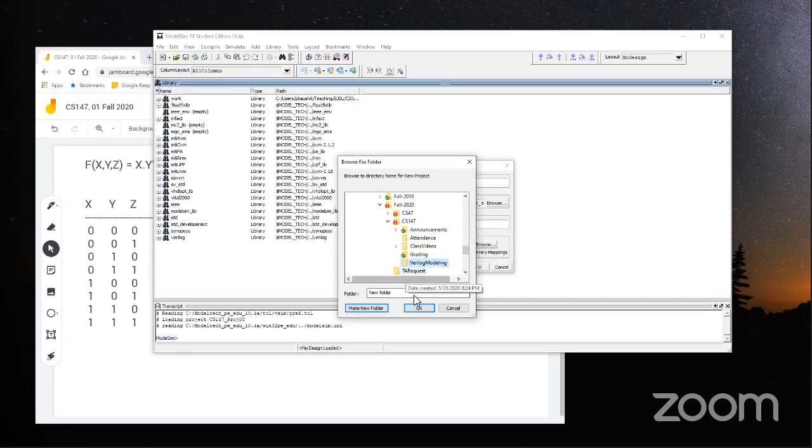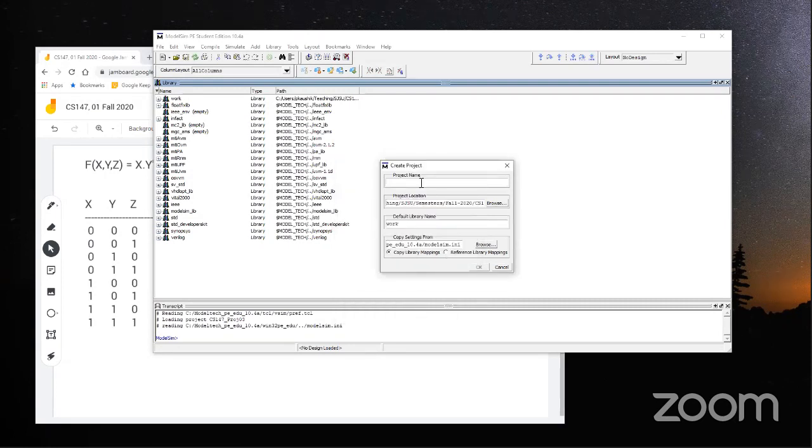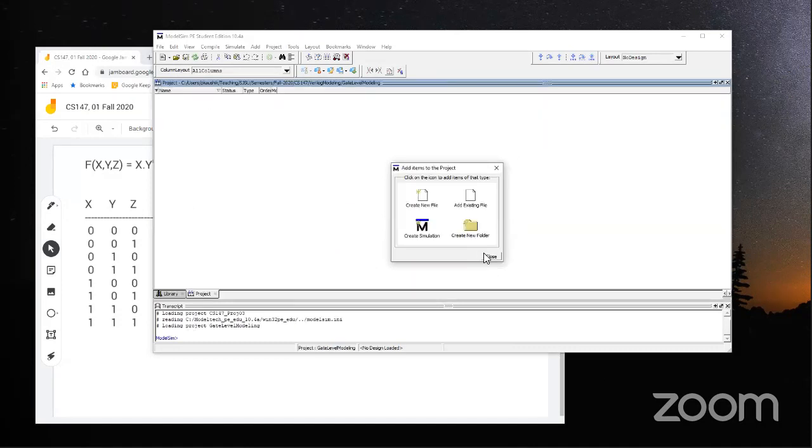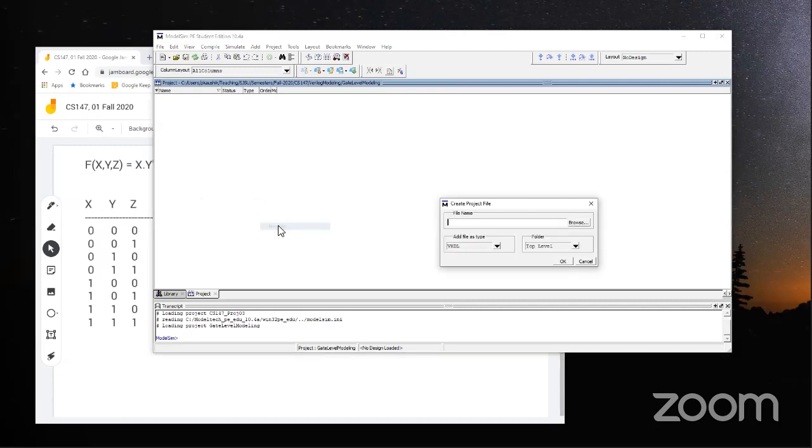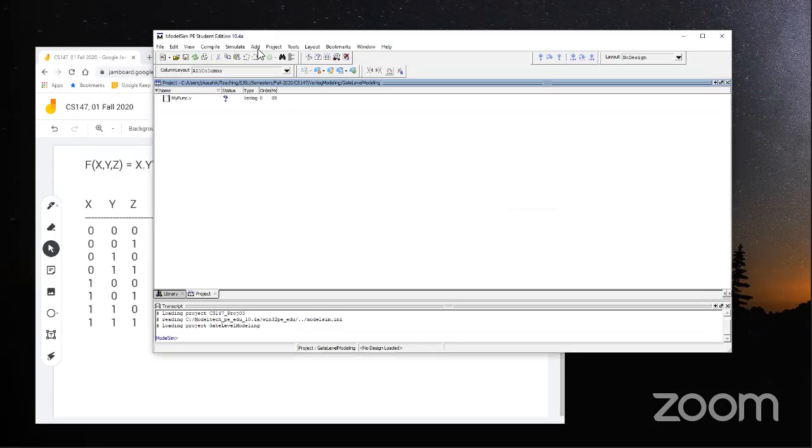Okay, so let's check that. And project name, let's say gate level modeling. Add to project, a new file. Let's say Verilog, and name it myfunc.v. Okay.